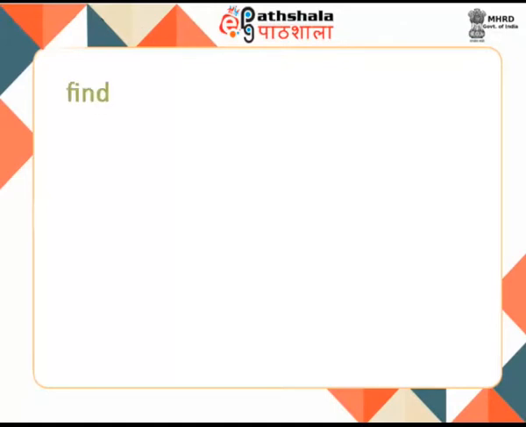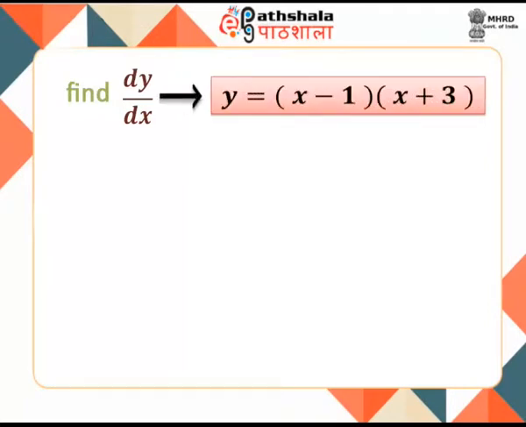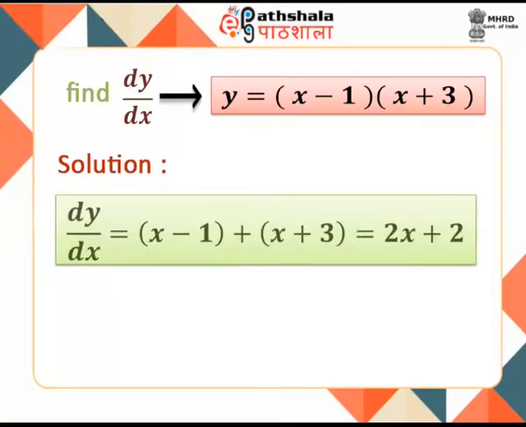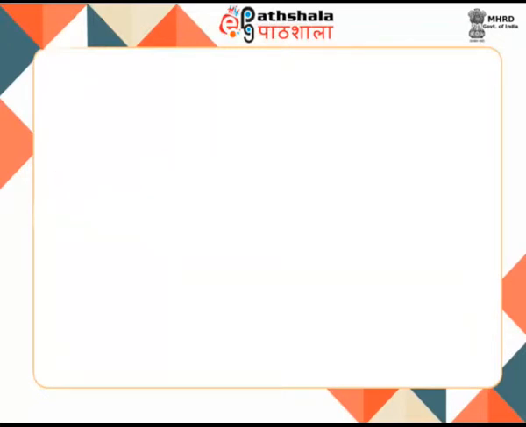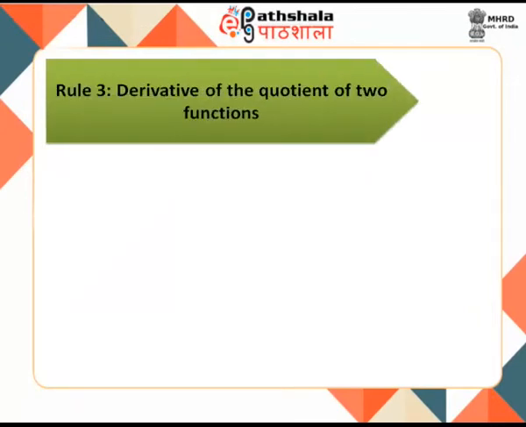We have to find dy by dx for the function y equal to (x minus 1) into (x plus 3). Then the solution for it is dy by dx equal to (x minus 1) plus (x plus 3) equal to 2x plus 2.